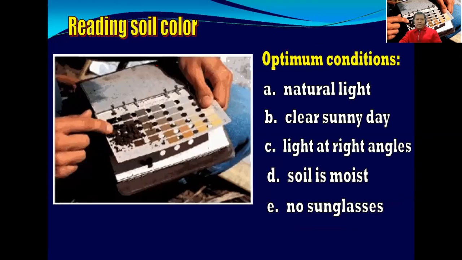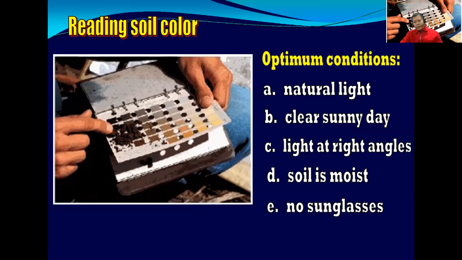All right. Reading a soil color. How will we be able to read the soil color? So of course, kuha tayo ng sample ng lupa doon sa areas, doon sa field. Then try to take the samples and observe and compare the color of the actual soil sample on the Munsell soil color charts. Such as for example in this picture. So kumuha siya ng lupa at tiningnan niya kung alin doon sa lupa na yon nakapareho ng soil color doon sa Munsell soil color chart.